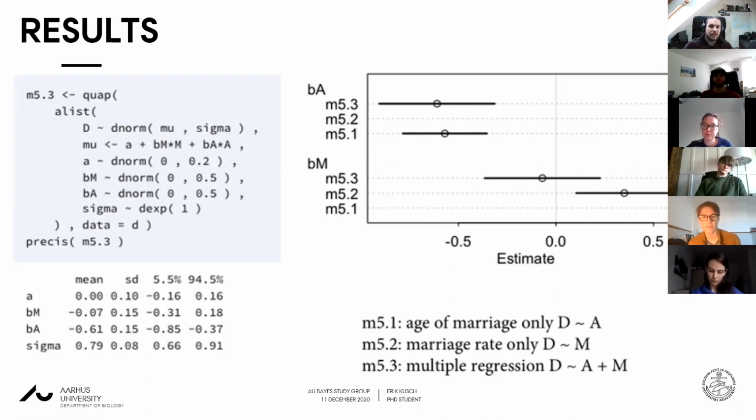And what you can see here is that as soon as we account for both variables in the model, the effect of marriage rate drops really far down and becomes much, much less certain for us. If we look at marriage rate by itself driving divorce rate, we get a positive relationship, which intuitively makes sense because people need to get married to get divorced.